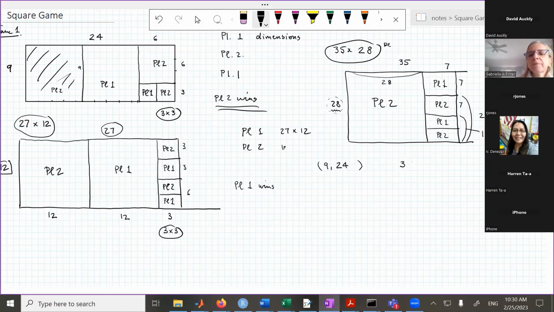We ended up with a 3 by 3 square. We had 27 and 12. We also ended up with a 3 by 3 square. We had 28 and 35. We again ended up with a 7 by 7 square.